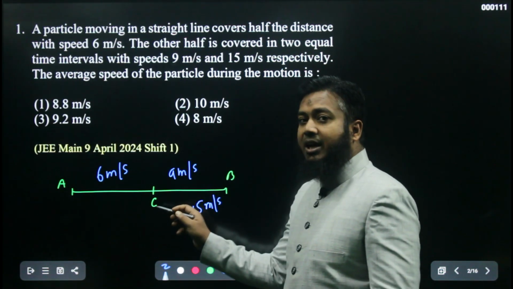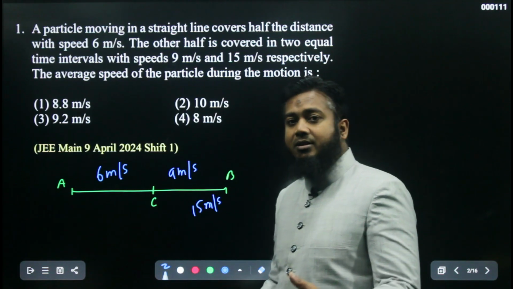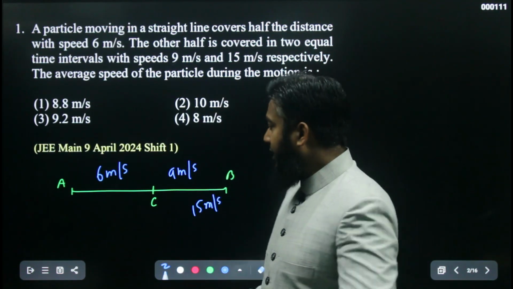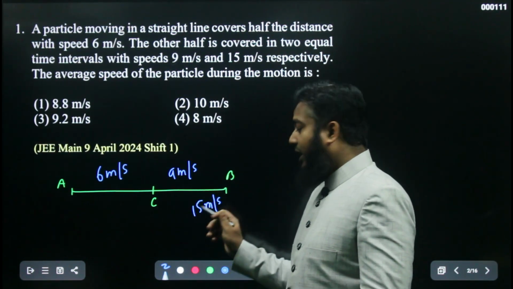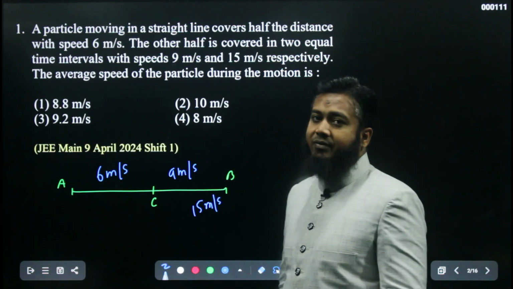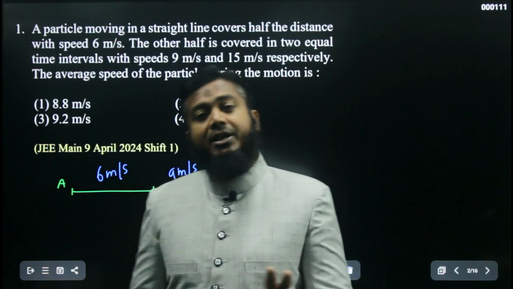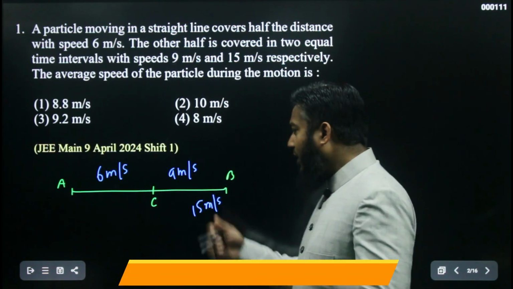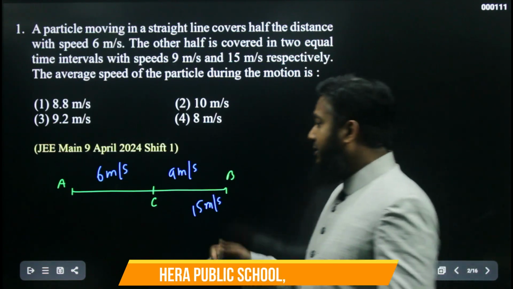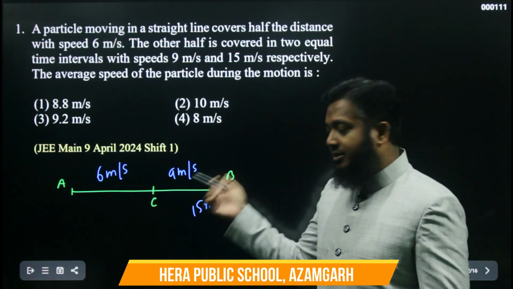So for example, say from C to B it takes 1 hour. So for half an hour it is moving with 9 meters per second, and for the next half an hour it is moving with 15 meters per second. This is the question. Okay, and we have to find the average speed for the entire journey.